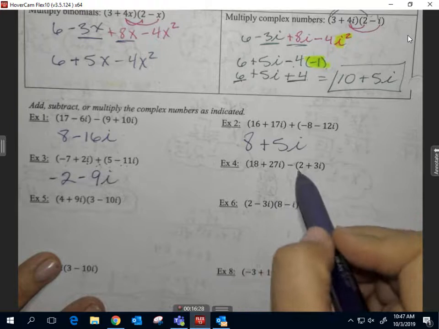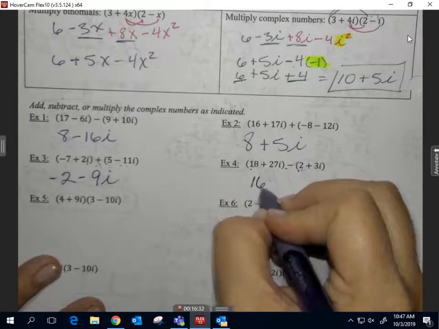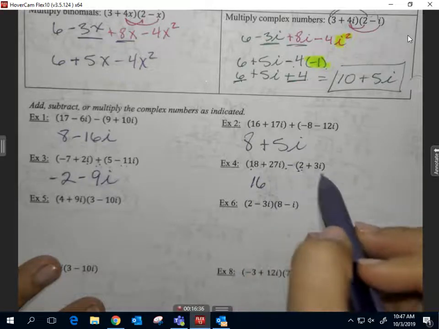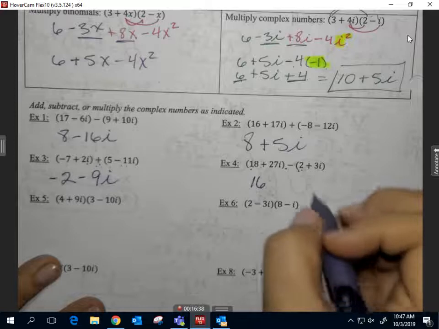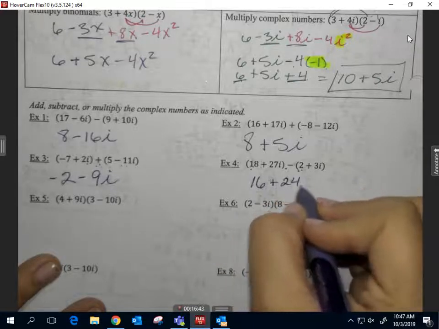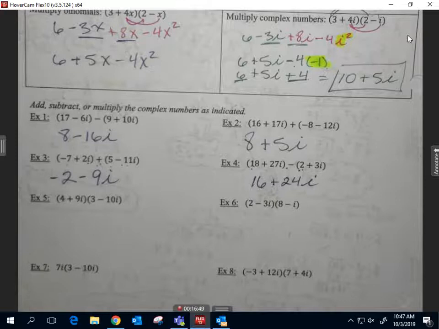All right, 18 minus 2. Positive 27i minus a positive 3i is 24i. All right, you good? All right, so multiplying.